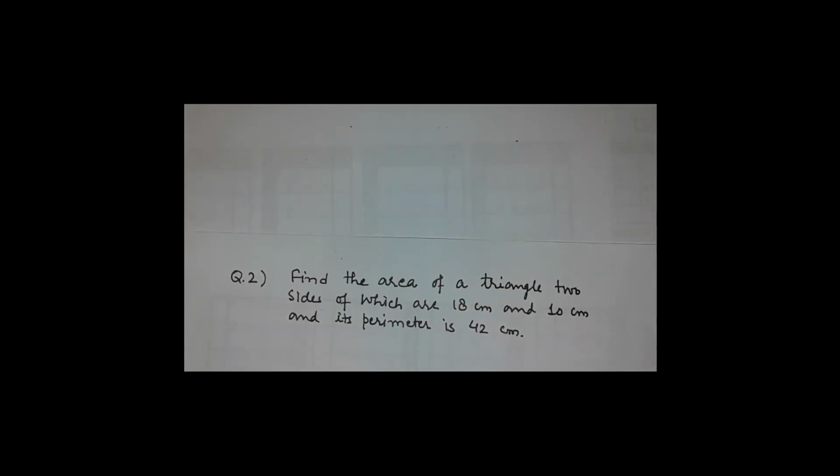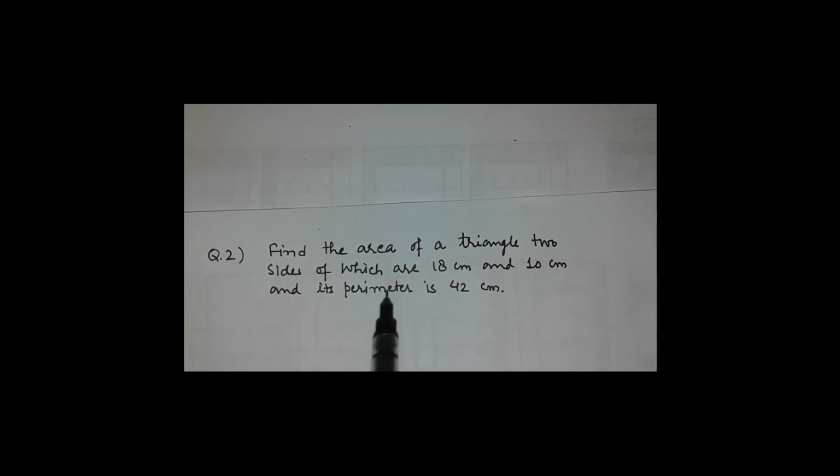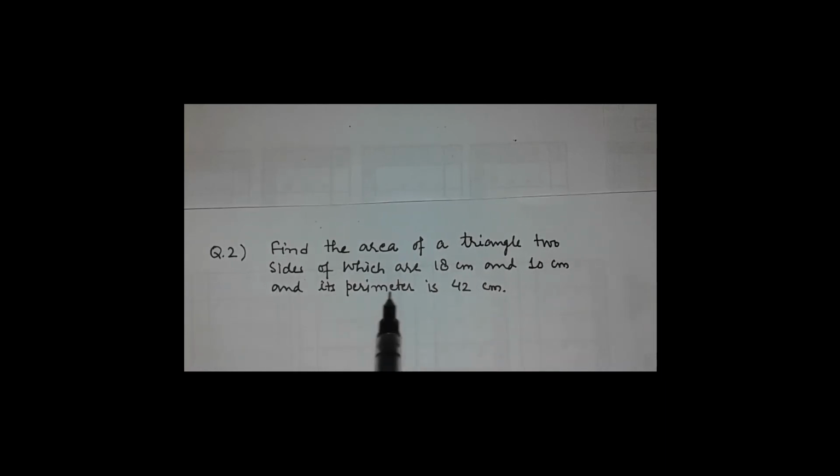Now we'll take one more question from the same exercise, 12.1. The question is: find the area of a triangle, two sides of which are 18 centimeters and 10 centimeters, and its perimeter is 42.